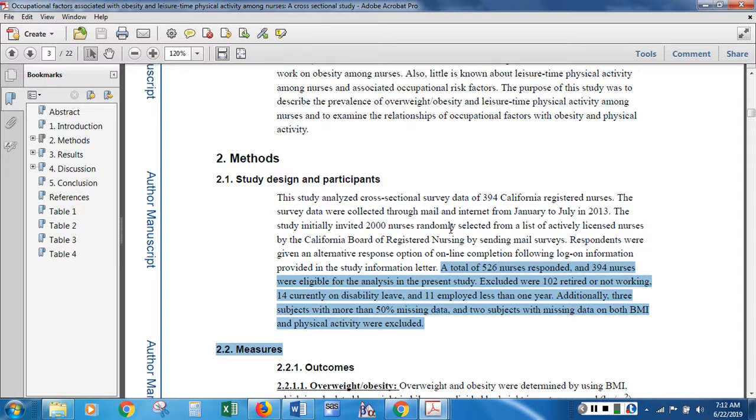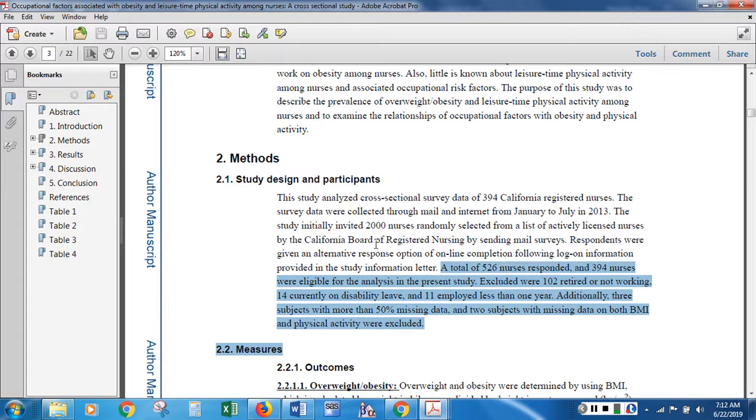So in looking at this, we can see that 2,000 nurses were randomly selected from a list, right? They were randomly selected from the list, and only 526 responded out of a total of 2,000. Now, this is going to be a crude estimate because we don't know how many of these 2,000 would have met the inclusion criteria and exclusion criteria, because they specifically wanted to remove retirees, those who are on disability, based on the research question they were looking at.